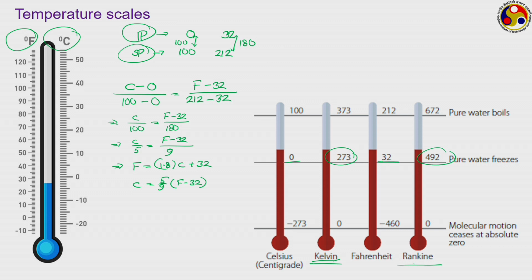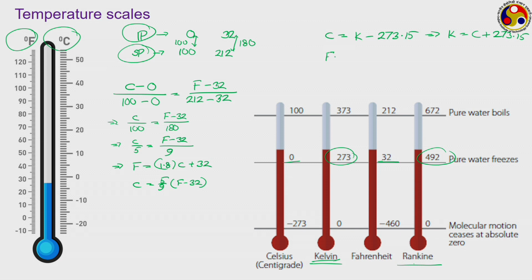So, if we want to derive a relation between the Kelvin and Celsius scales, any reading in the Celsius scale will be the corresponding value in the Kelvin scale minus 273.15, or the value in the Kelvin scale will be equal to C plus 273.15.